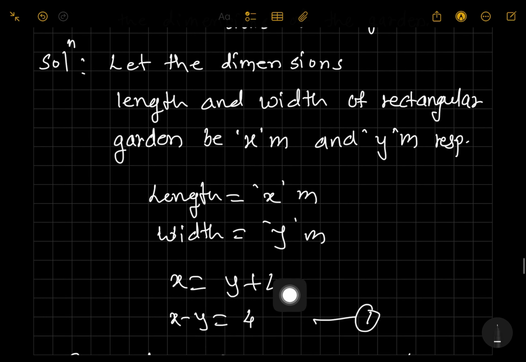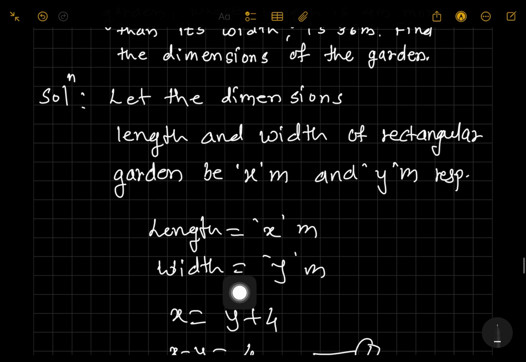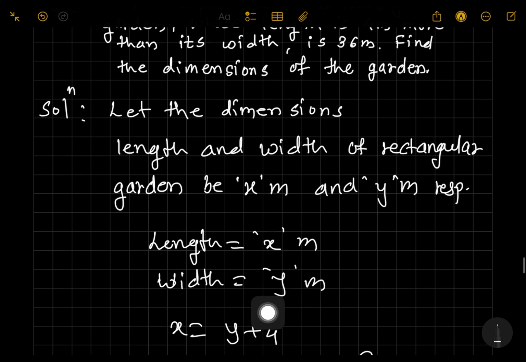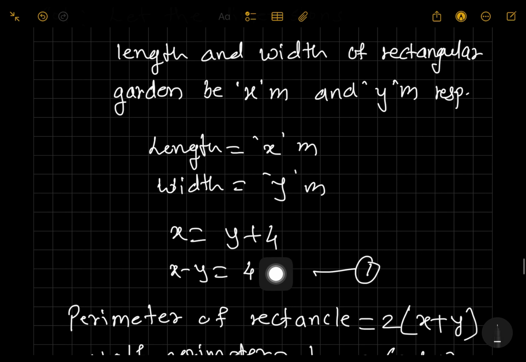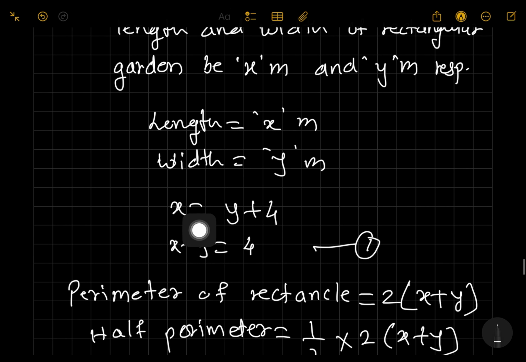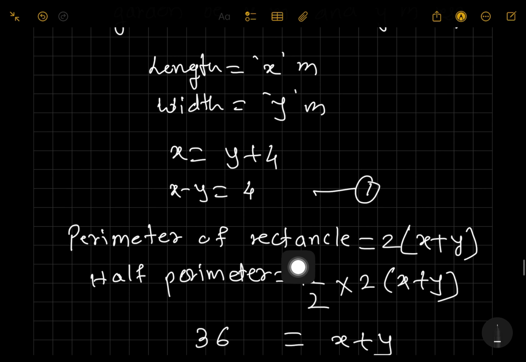Width is y, and 4 more than that, so we add this 4 to the width. The length is equal to y plus 4, and writing this as an equation, x minus y equal to 4. This is equation 1.